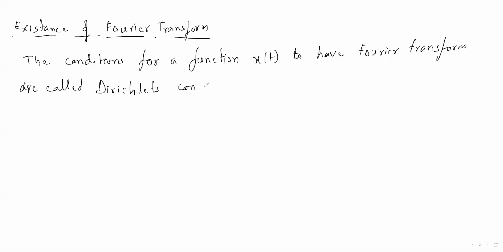So we cannot apply this Fourier transform to all types of signals. It can be used for periodic as well as non-periodic signals, but we cannot apply it to unstable signals. That is the limitation of the Fourier transform.